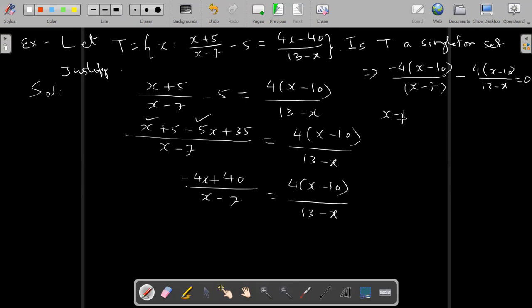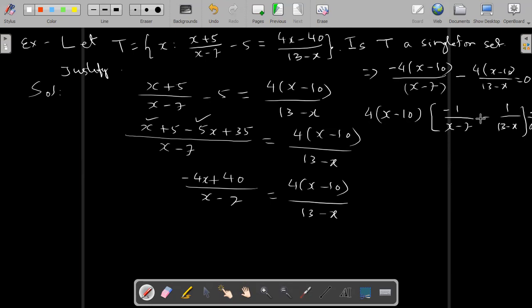So x minus 10, if you take common x minus 10, or also 4, you can take common 4 also. So you are left with minus 1 upon x minus 7 minus 1 upon 13 minus x is equal to 0.